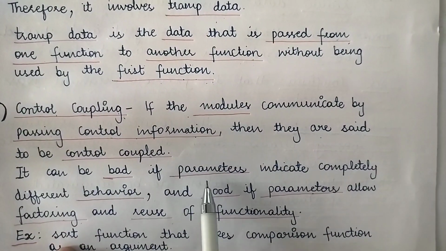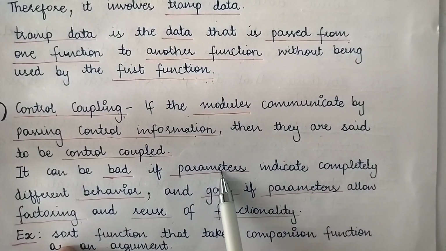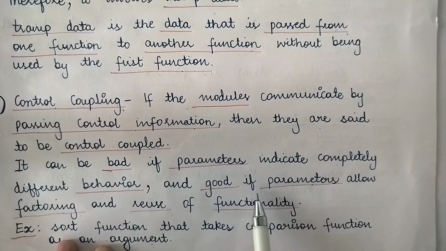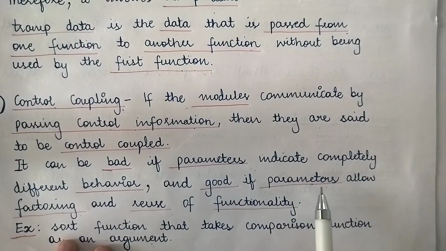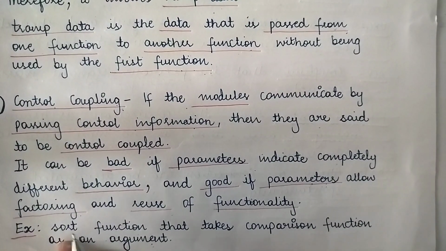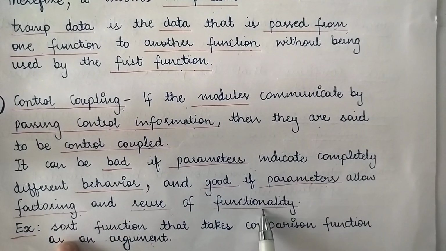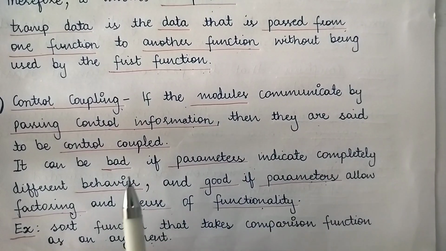Of course it can be bad if the control information indicates completely different behavior, and it is a good sign if the control information being passed as parameters allows factoring. Factoring means the ability to divide a system into various modules and reuse of functionality.